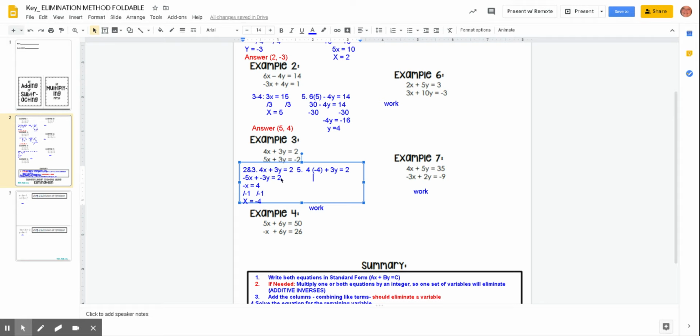So 4 times negative 4 would be negative 16 plus 3y equals 2. Add 16 to both sides.